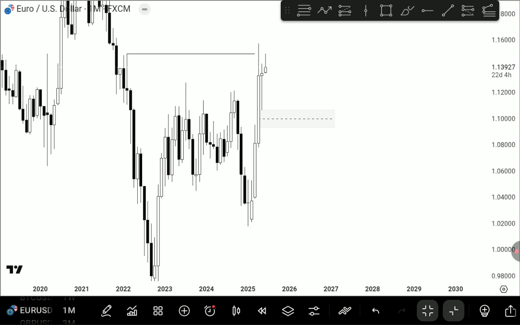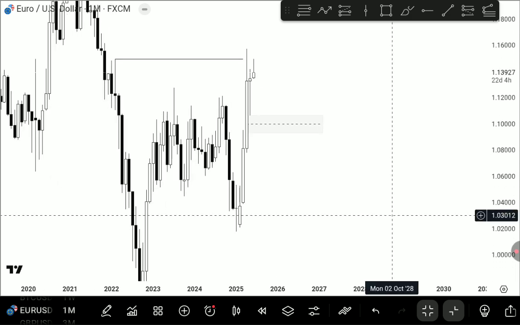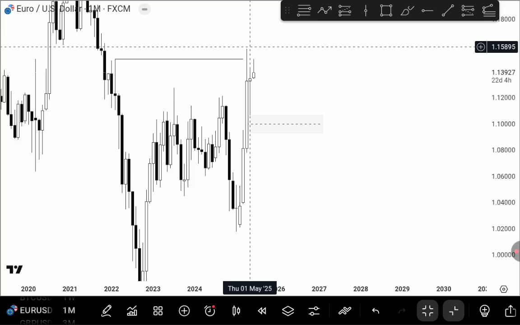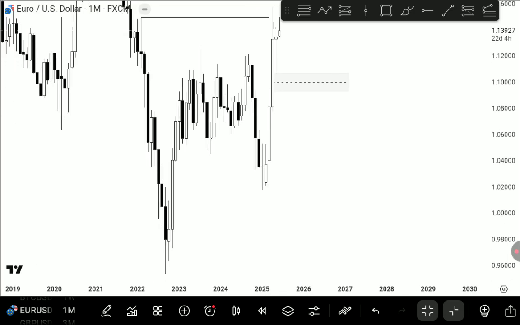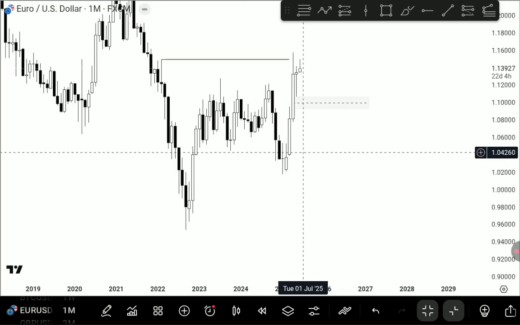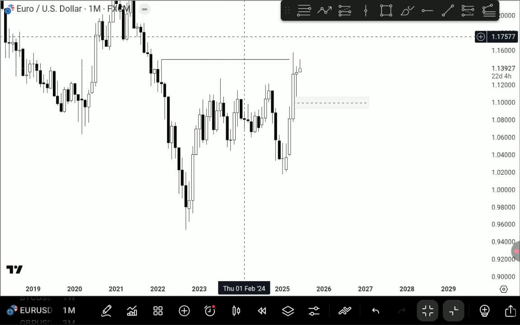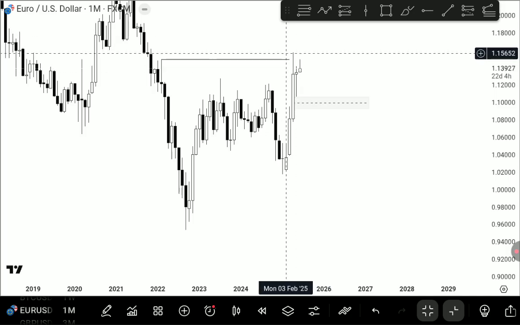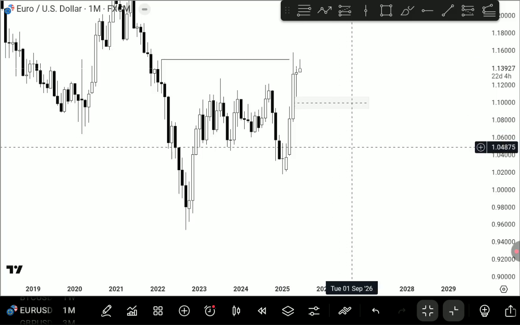And another thing is, you know that a higher time frame FVG is a lower time frame turtle soup. And a turtle soup, you know what it means, right? A turtle soup is the fuel, is the launch of a what? Of a reversal.